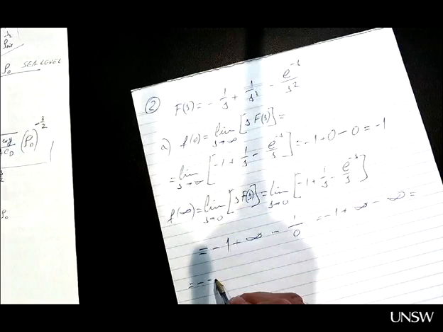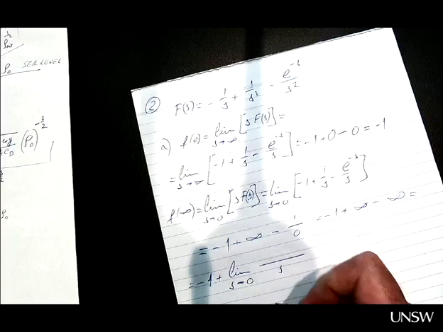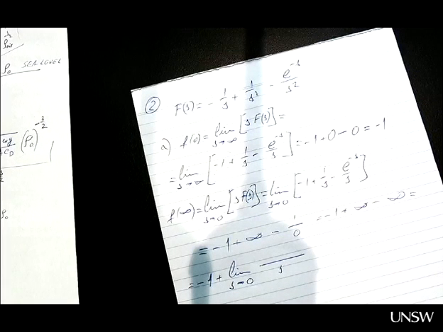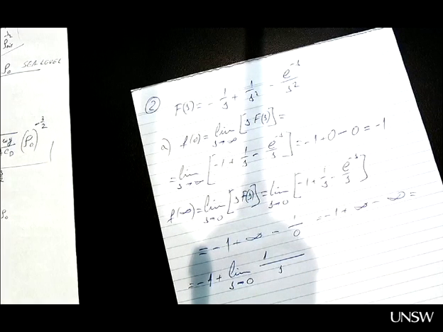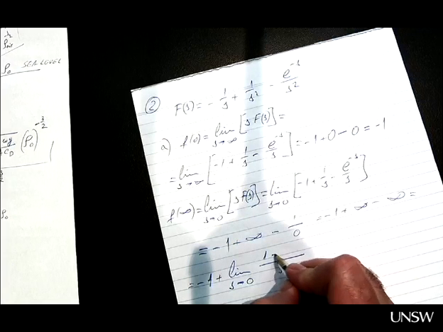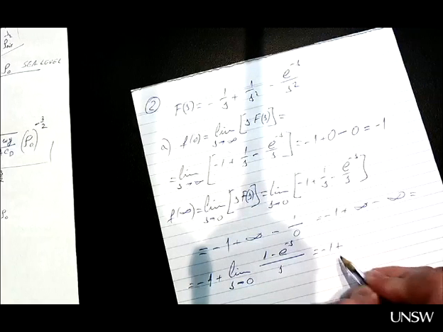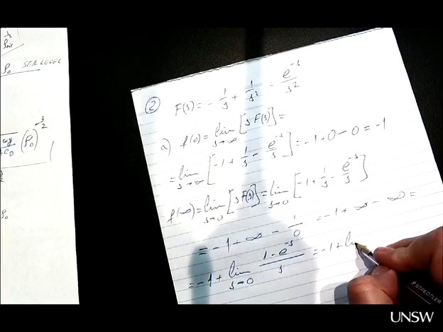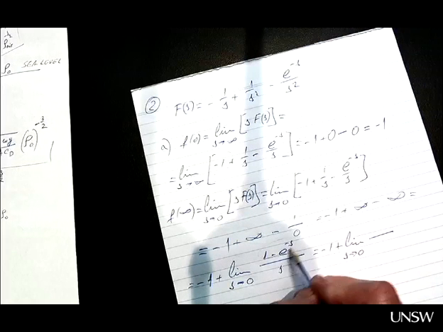It is equal to minus 1 plus the limit s approaching 0. And I'm going to apply so-called L'Hopital's rule. I'm going to do it, no matter what you say, that's what I'm going to do. 1 minus e to the minus s, which is equal to minus 1 plus the limit s approaching 0 of the derivative of the numerator over the derivative of the denominator.